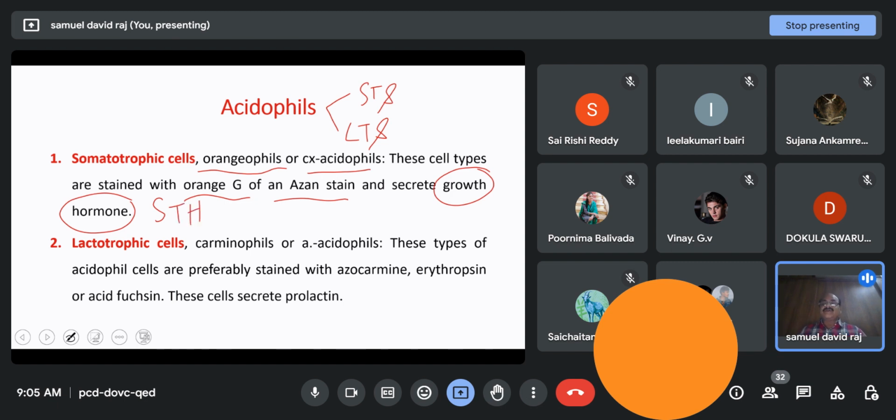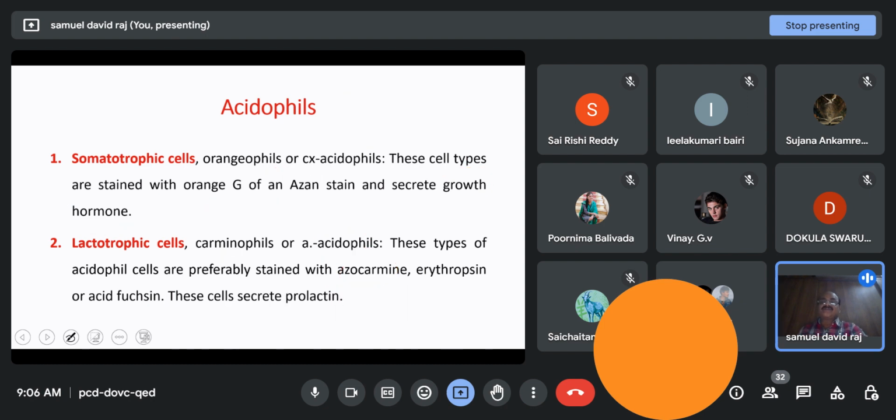The second one are lactotrophic cells, also called carminophils, because they are stained with azocarmine, and these are said to be secreting prolactin, also called lactotrophic hormone or lactotropin.